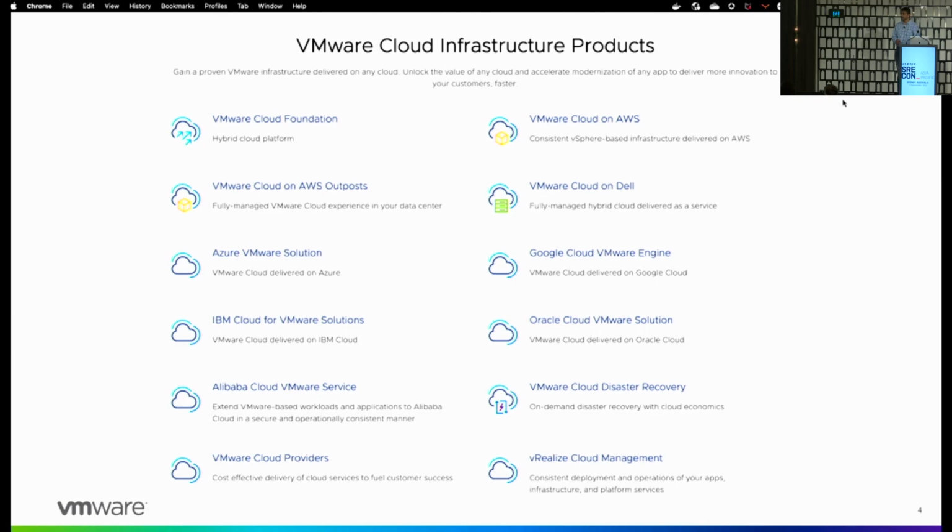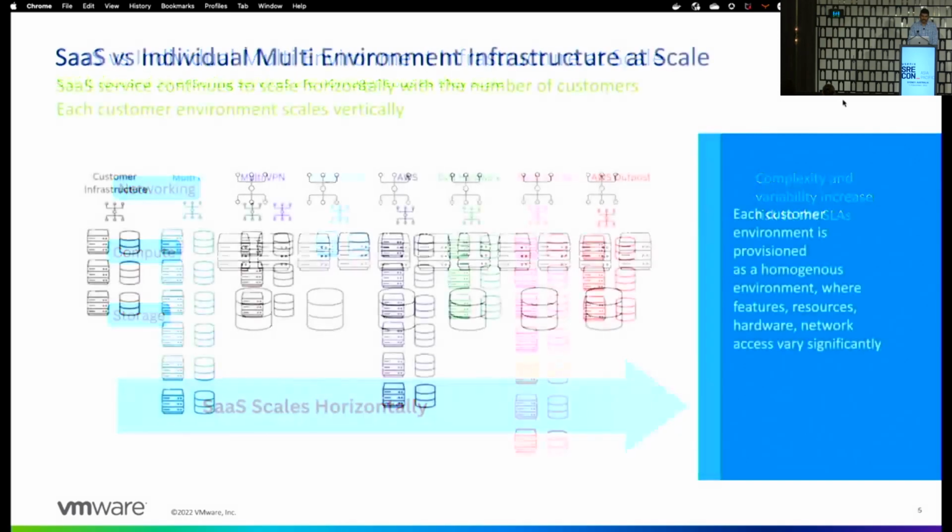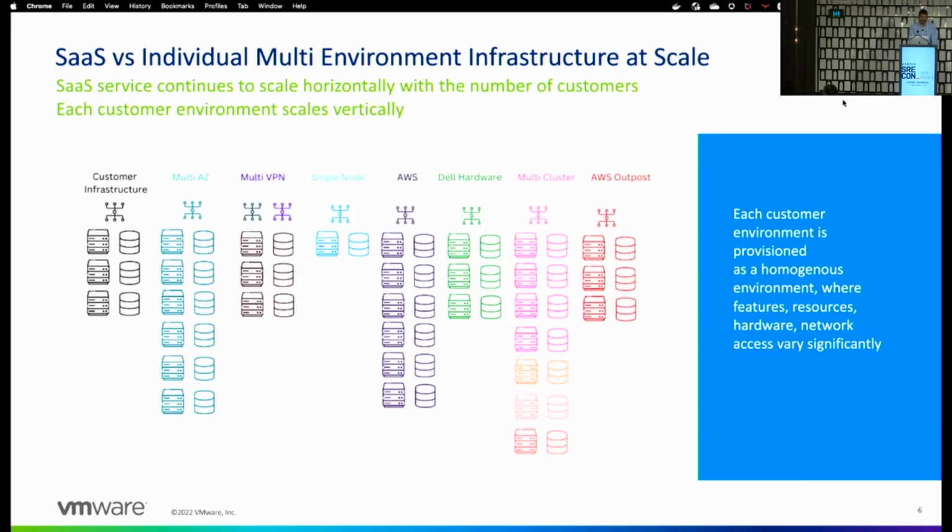So our topic majorly concentrates on the multi-cloud environment, and how we are tackling the challenges around it. This is a generic view of how SaaS scaling happens across the network, compute, and storage areas. I will not dwell on it, but on what exactly we changed for the multi-cloud environment.